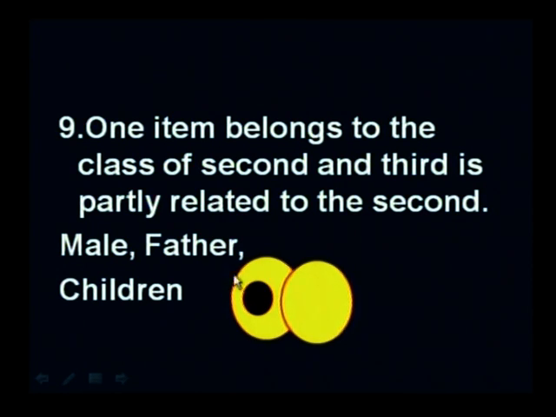So, the male set is this, the second class, fathers, is completely contained here, and then you have a third class which is partly related to the first one. It looks like this: some children can be male.